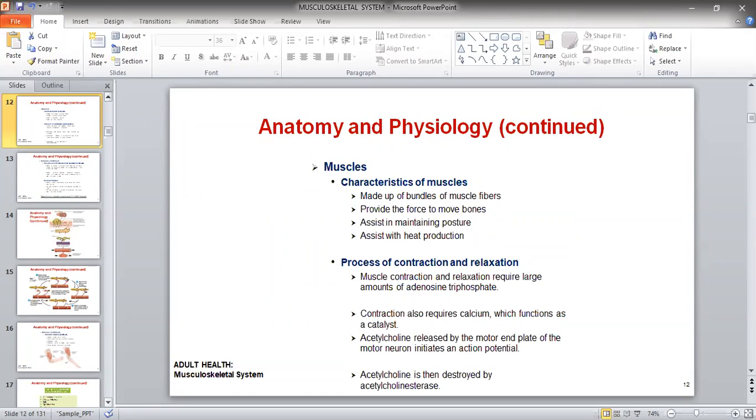Cardiac muscle we basically find in the heart, right? And smooth muscle we find in our internal organs, such as blood vessels, the gastrointestinal system, urinary bladder, uterus. Smooth muscle is basically controlled by the autonomic nervous system, meaning it is not in our control.